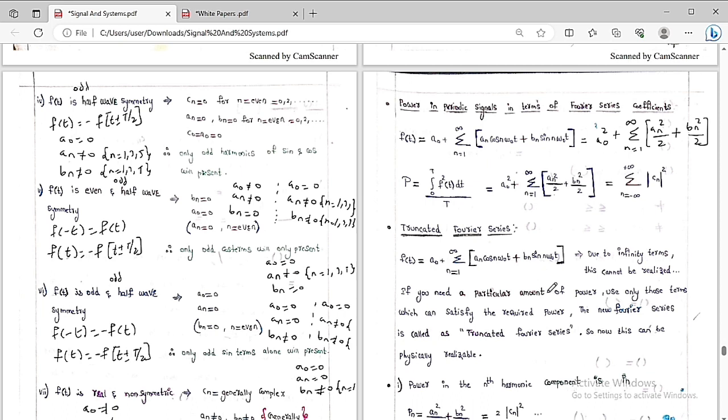If I want some particular amount of power, you can get it with only a few terms, so I will include only those terms. Because we then have few terms, it can be practically realized. That is why it is called truncated Fourier series.